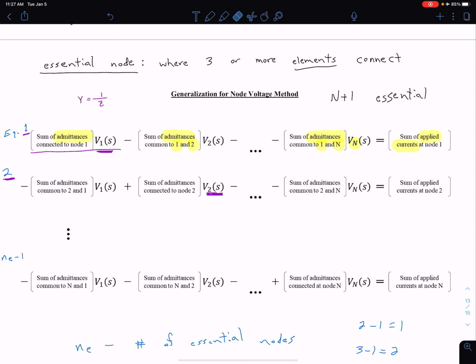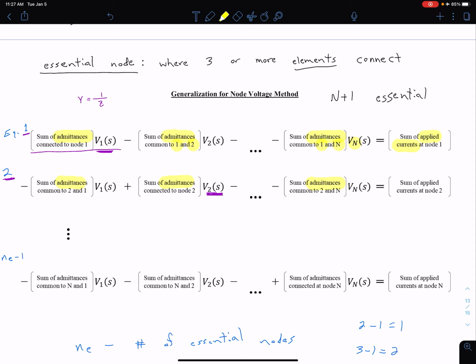So for our equation 2, the only term that's going to be positive is our term that's multiplied by V2. So let me erase that, it kind of looks like a plus or minus. Our only positive term is the one being multiplied by V2. All of the other terms are negative. Again, just like with the previous one, we're dealing with admittances, so everything over here on the left side is admittances.